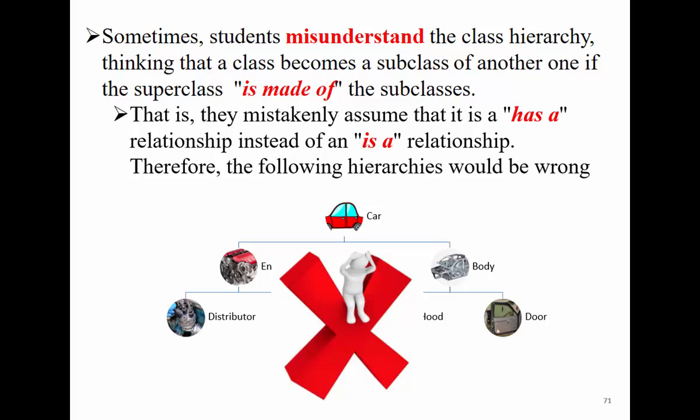Whenever you end up with a class hierarchy, always ask yourself: is it "is a kind of" or "is made of"? If it is "is made of", you can create a collection inside the object to store that object. You don't need to inherit or extend that object.